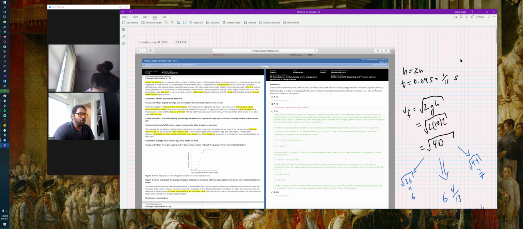So a really good formula to memorize is what I wrote: V final is equal to the square root of 2GH. Do you know how this equation came to be? No, I just know it's one of the ones that you use. Yeah. So it's the complete conversion of potential energy into kinetic energy.